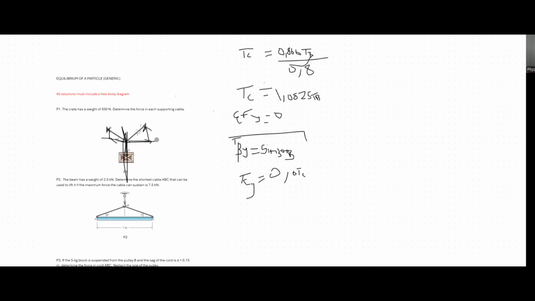So we are going to add this. We are going to say sine theta is 0.5. So we're going to say 0.6 TC plus 0.5 TB.